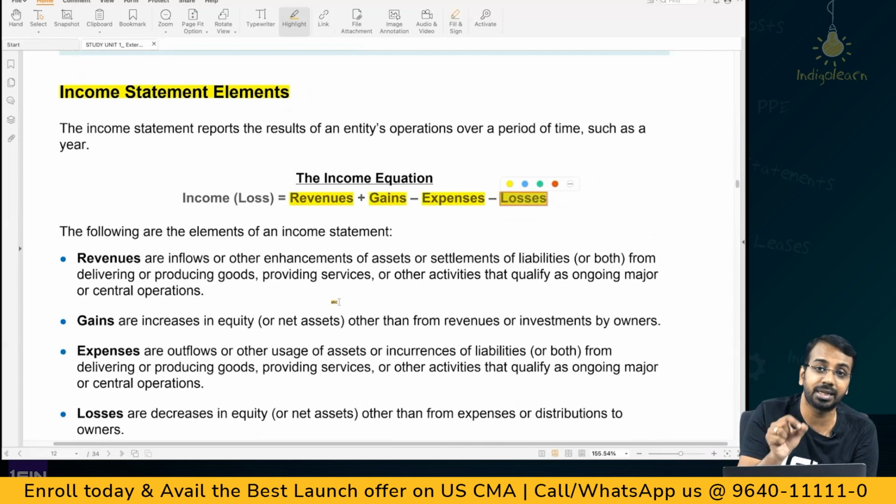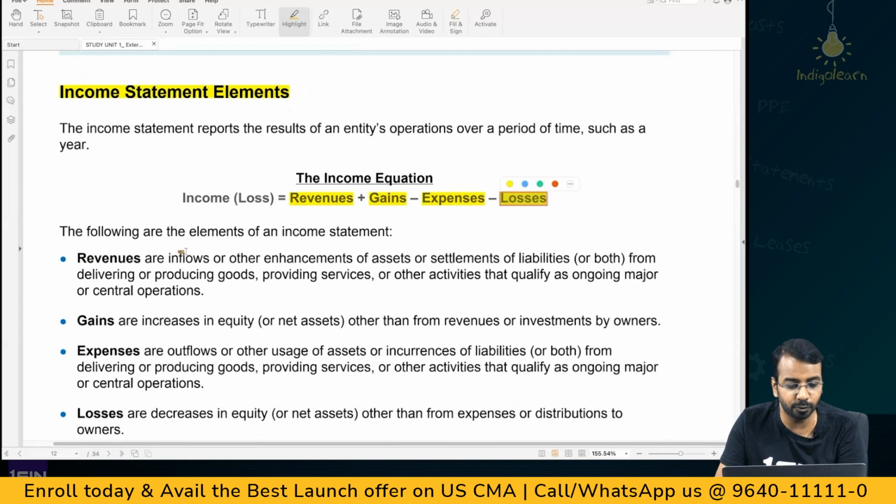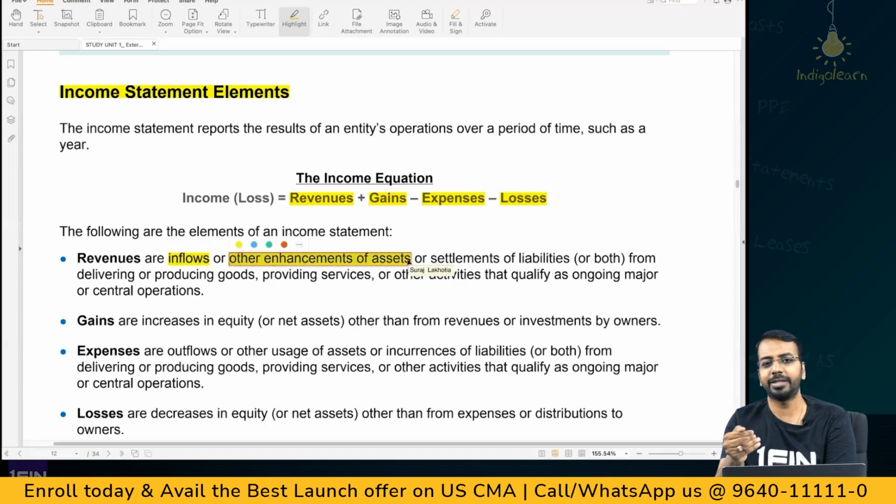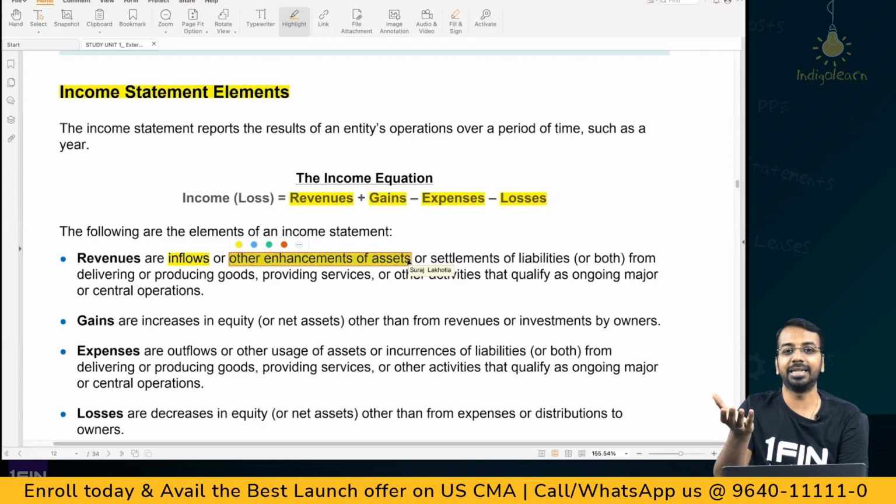What item do we present as revenue? So revenues are inflows, meaning cash inflow, or other enhancement of assets. What does other enhancement of asset mean? I have not received cash, but the accounts receivable balance increased. So when the accounts receivable balance increases, it is also revenue.